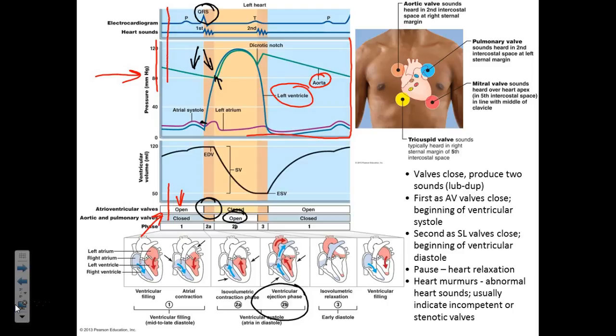The buildup of the blood in the aorta, okay, elevates the pressure in the aorta, which closes the semilunar valve, so you hear the second valve sound, okay? Ventricle relaxes, which corresponds to the T wave on the EKG, okay? Ventricle relaxes, and when pressure in the ventricle falls below the pressure in the atrium, atrioventricular valves open, and the entire cycle starts again.